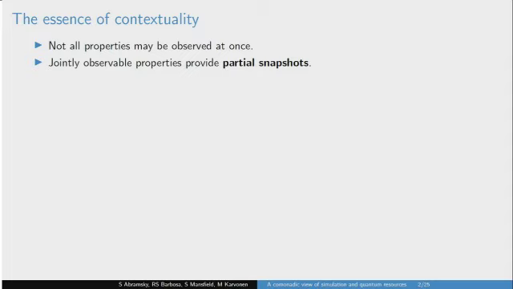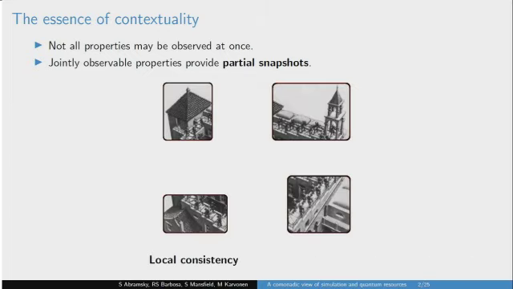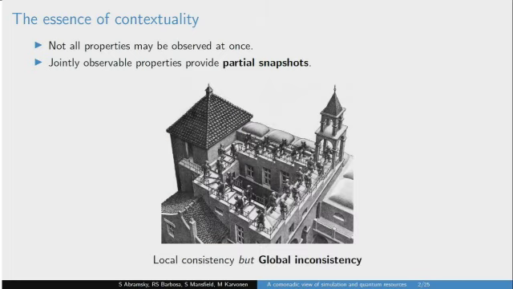You could think of contextuality in terms of this picture. Think of each of these as some kind of joint observation, then each of them gives you a picture that makes sense. Everything looks locally consistent, but when you try to glue it together, it doesn't make sense anymore. So let's make this a bit more precise next.